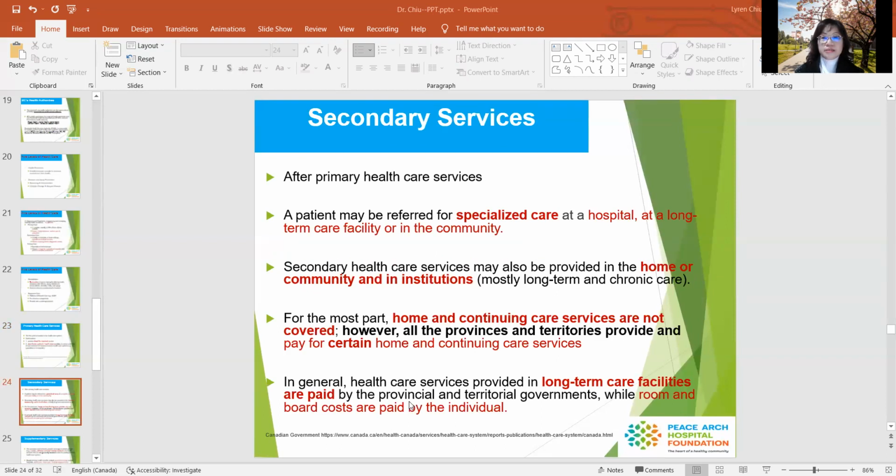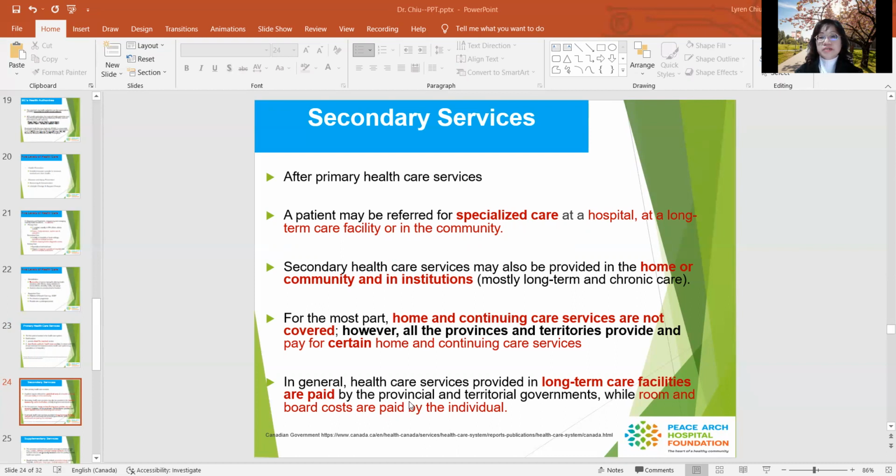Secondary services are the services after primary healthcare services. A patient may be referred for specialized care at the hospital, at a long-term care facility, or in the community. Secondary healthcare services may also be provided in the home, community, or institution, mostly for long-term and chronic care. For the most part, home and continuing health services are not covered.